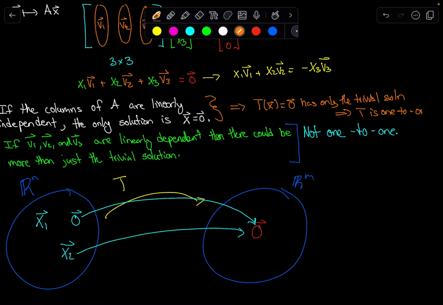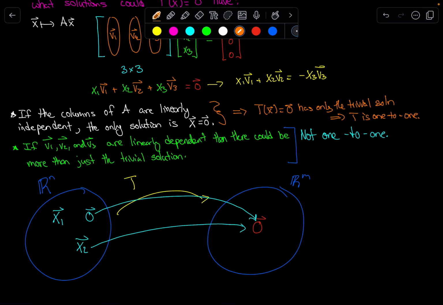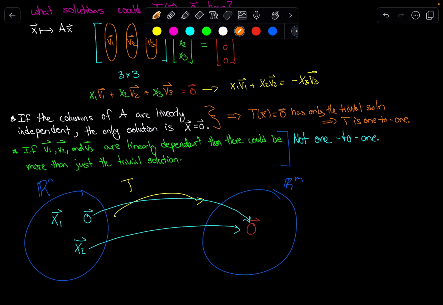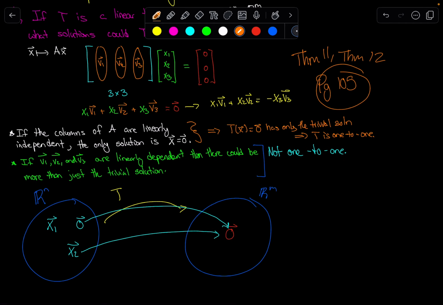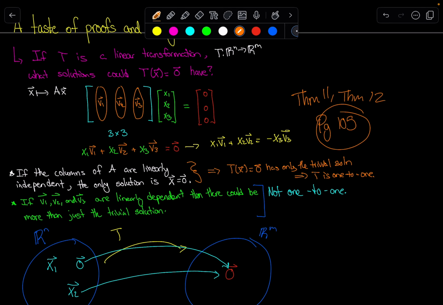So if you are interested in the proof of why that is, you can check out page 105 of the text. And they go through that proof, and I'm happy to talk about it and write about it because I like doing pure math as well. But you'll see it's referenced in theorem 11 and theorem 12 very quickly, and they have nice little proofs for both of these.